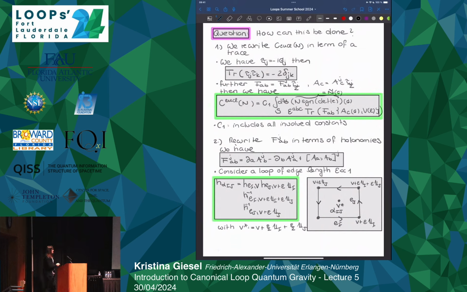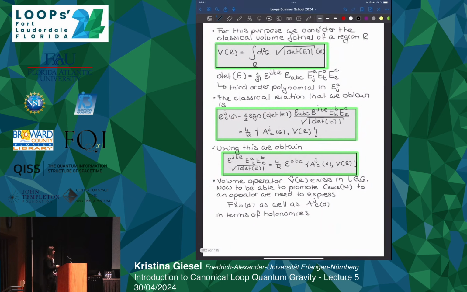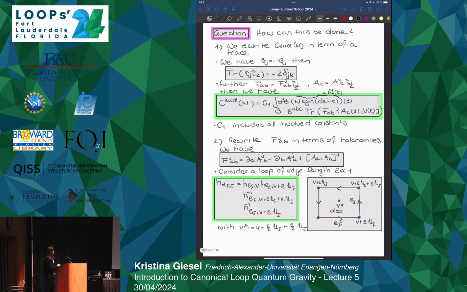And then use this identity here. So we get the epsilon. And then write the contraction here of F and the E's in this form. So in the trace, we have F and then the Poisson bracket identity to replace the inverse square root term.